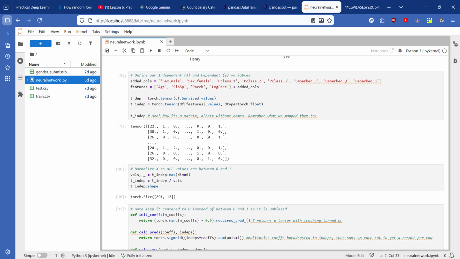What makes a tensor special? And again, just in my opinion, one of the most important things is the computational graph. It allows us to see the history, and if we didn't have that, then we couldn't really learn, honestly.